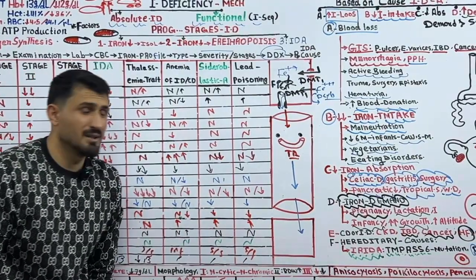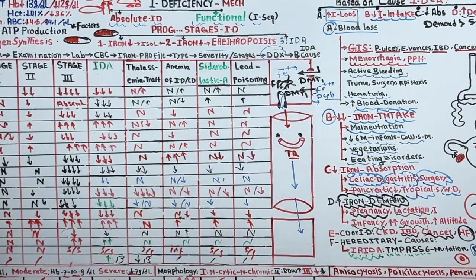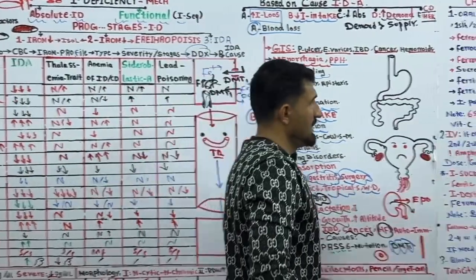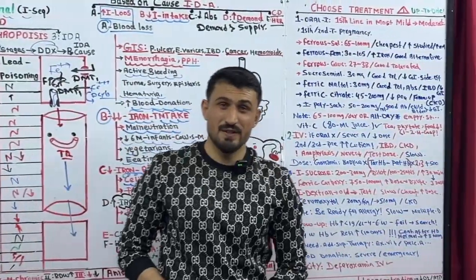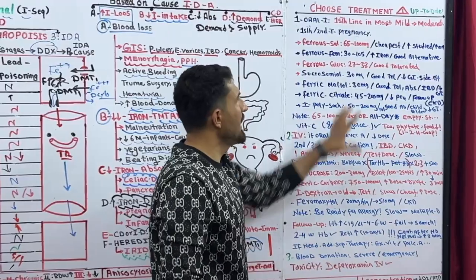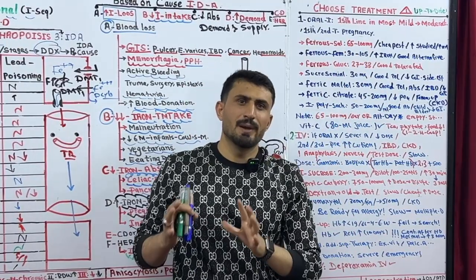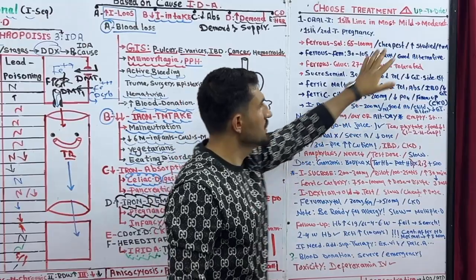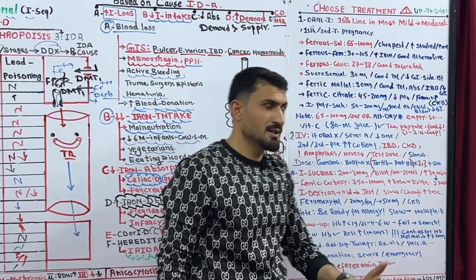Now let's talk about the treatment of iron deficiency anemia. How to treat iron deficiency anemia? First of all, you have to choose the way of your treatment. For example, this treatment is up to date, related to now.